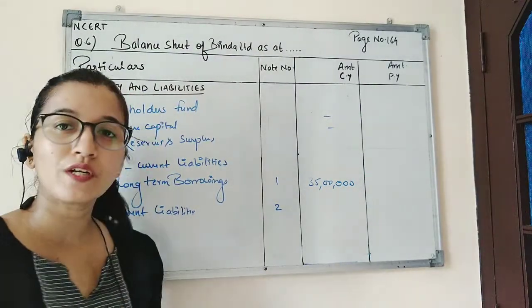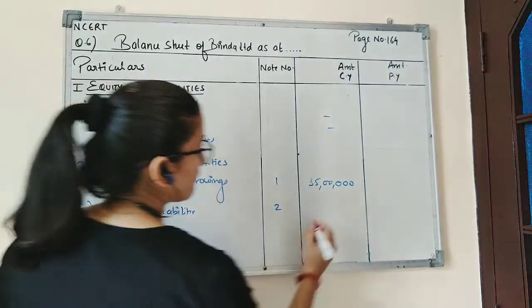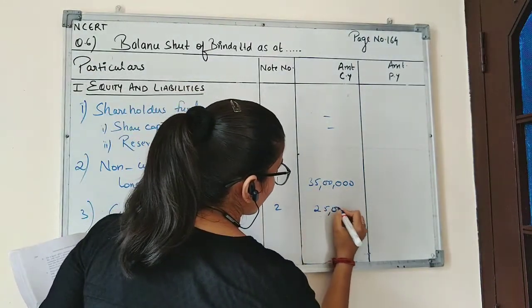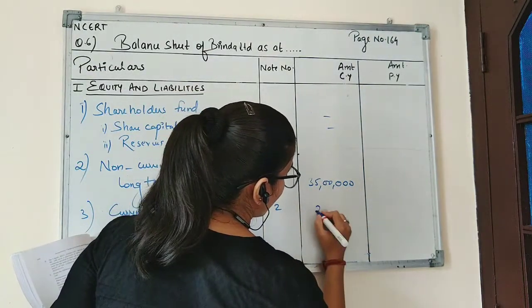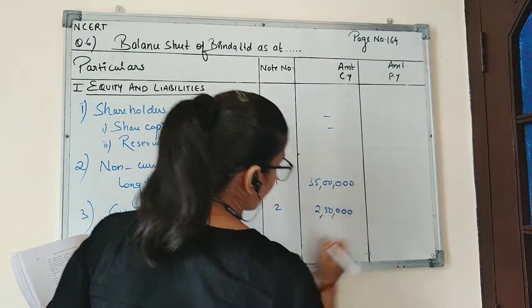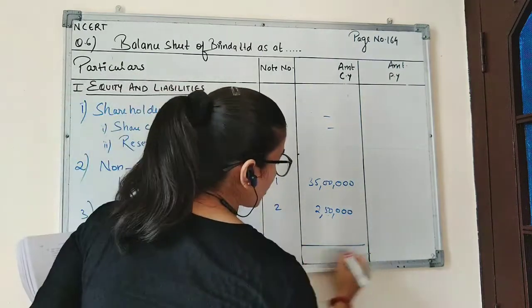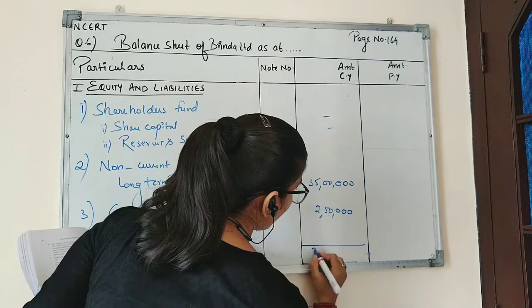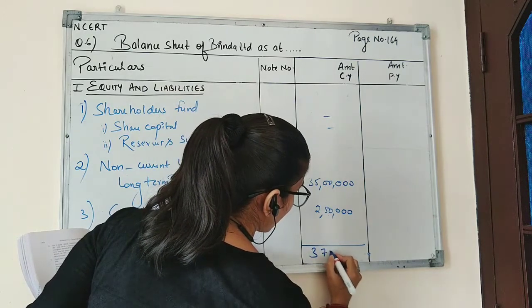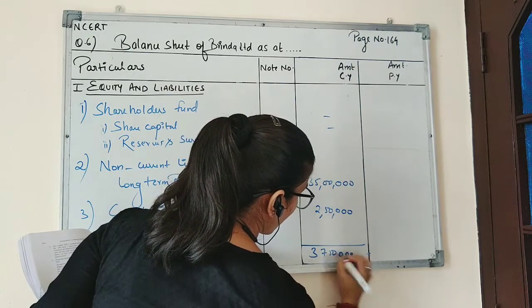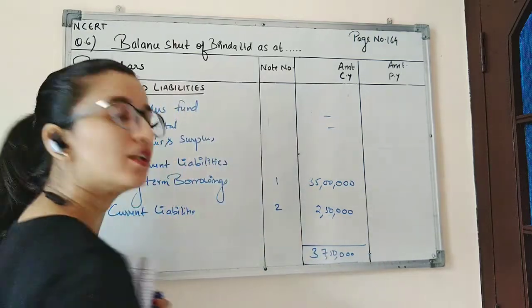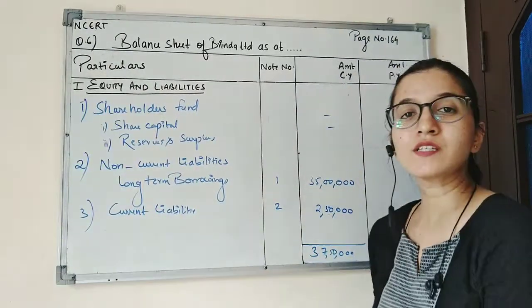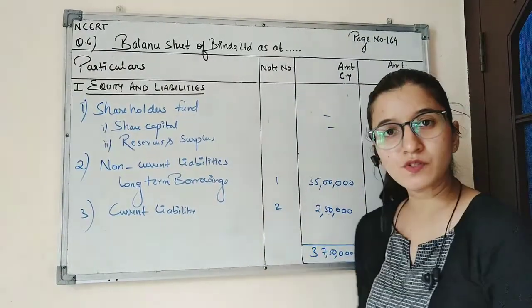So 10% of 25 lakh is 2,50,000, sorry. So here total amount of liabilities will be 37,50,000. So this is how question based on balance sheet is to be solved.